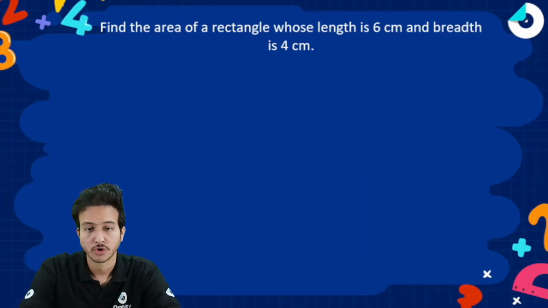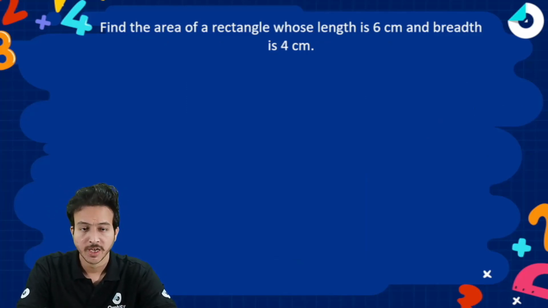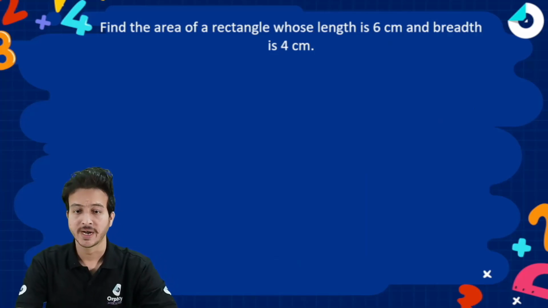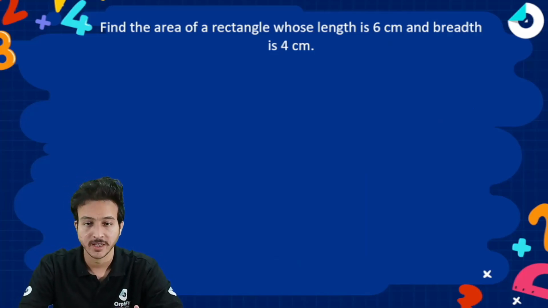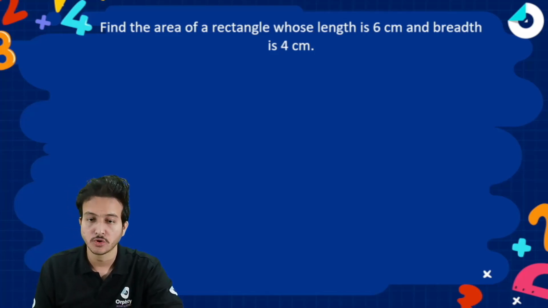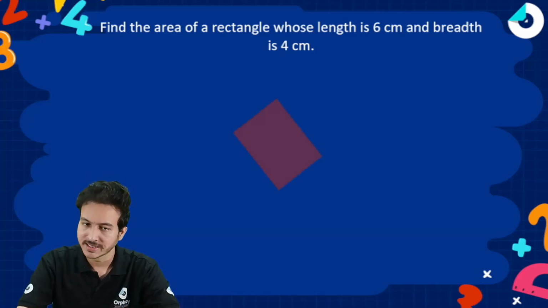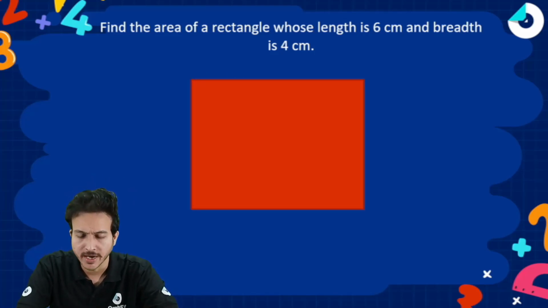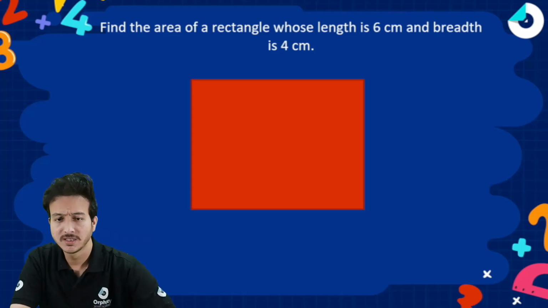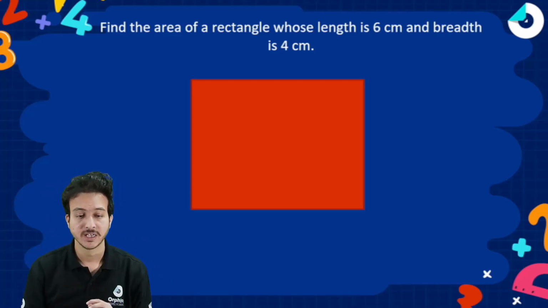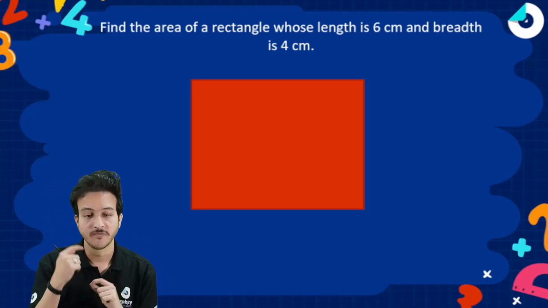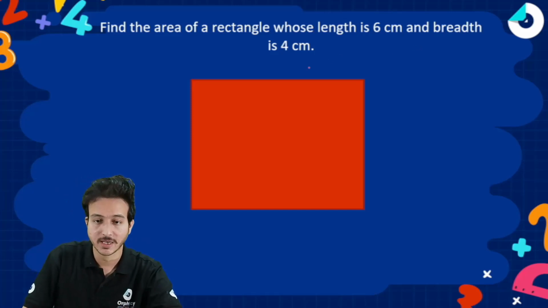Okay, let's move on to one more example. We need to find the area of a rectangle whose length is 6 centimeter and breadth is 4 centimeter. Now a rectangle is a shape in which the sides are parallel to each other, that means in front of each other: this side is parallel to this side, and this side is parallel to that side.